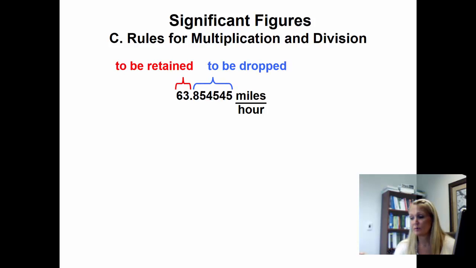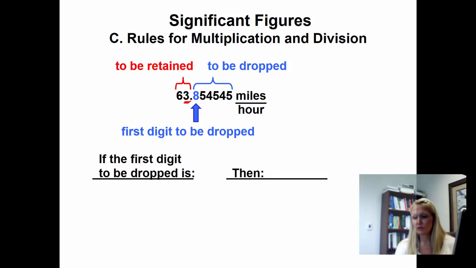So I go out to the second digit because I need 2 sig figs. I look at this number here, so I have 2 numbers in my answer, and then I look next to it, and that's in blue. I'm going to drop everything to the right of that second sig fig. It's a number 8.